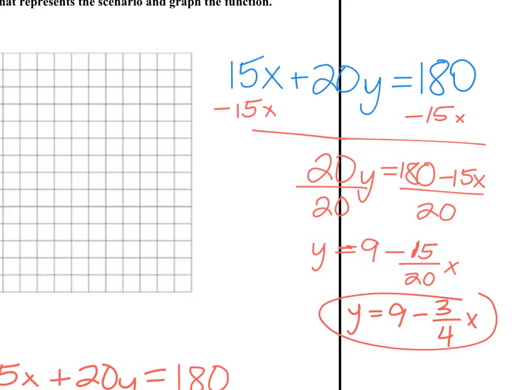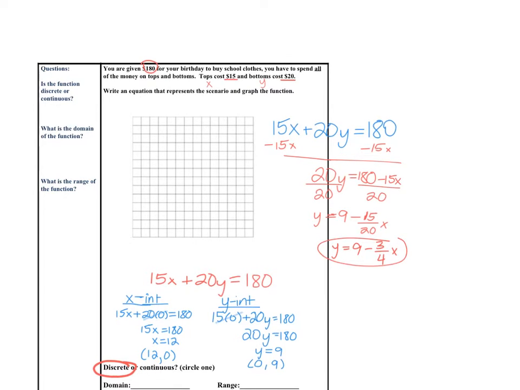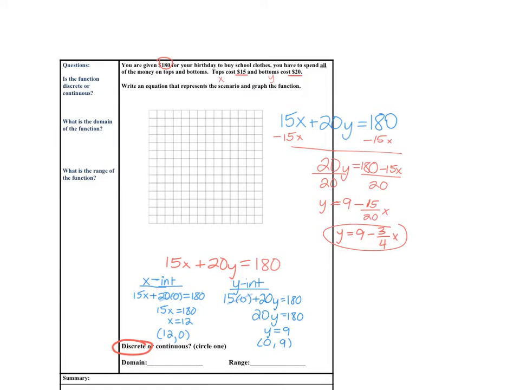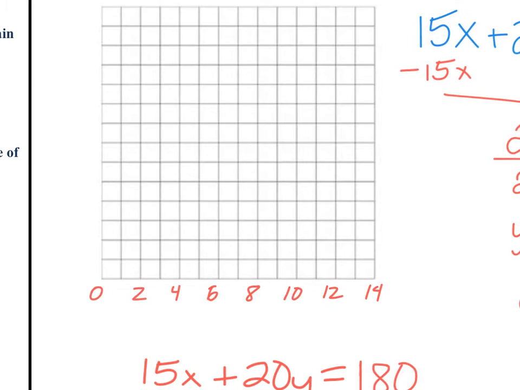Let's go ahead and scale our graph. We've got 14 squares. Looks like each square is going to have to be worth 1. I can't really spread it out any more than that because I have to go up to 9 and to 12. So the x-axis, we'll do 0, and then still making each square worth 1, I just don't want to label every single square. Do the same thing on the y-axis.